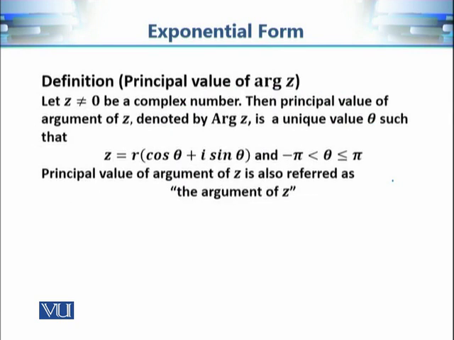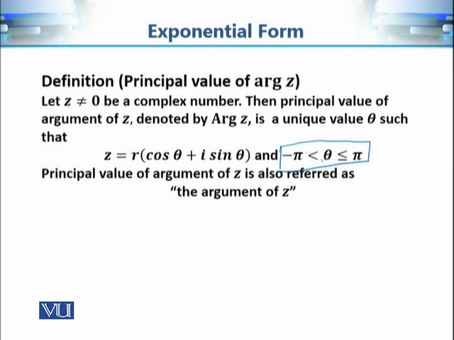So we can say that argument of z is a set. Now, to single out one particular value of theta, mathematicians have agreed on one particular range of these angles, and this range is when theta lies between minus pi to pi. And we can see that here minus pi is not included.